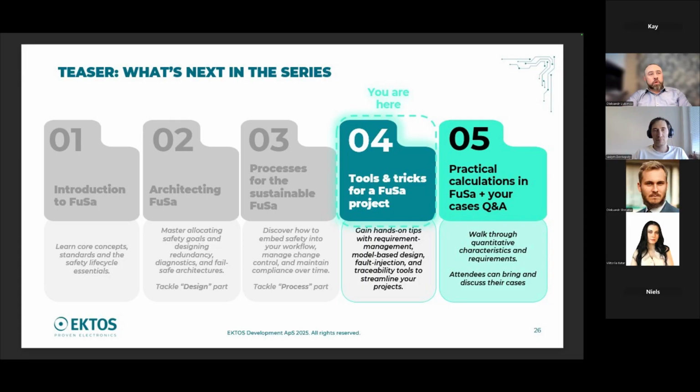And also, we will walk you through some quantitative characteristics and requirements that you have to put into the architecture and calculate, and what you want to calculate and why, based on the standard requirements, to later create some evidences that your product is safe. That is what will be presented during webinar number 5. So please make sure that you register for it. So now, time for questions.